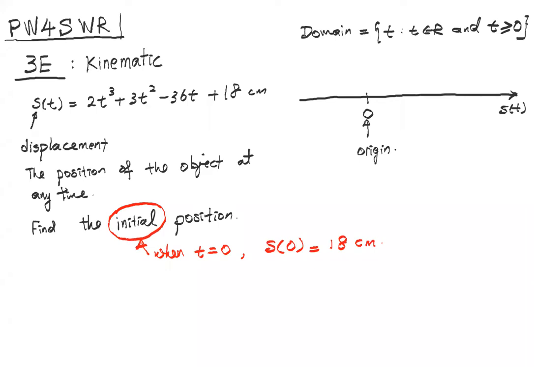Am I right? So how do I interpret 18 cm? Where is the object initially when I want to study its motion? It is 18 cm from the origin, and it can be left or right. Is it 18 cm on the right or at the right? Should I put on or at?